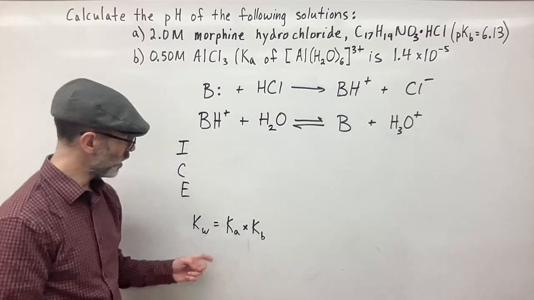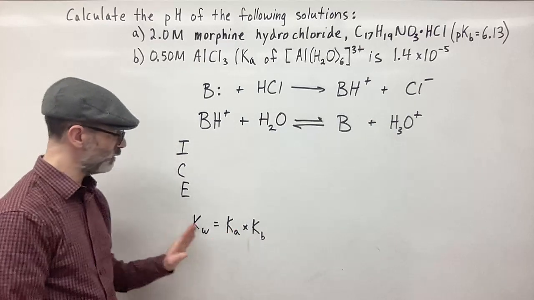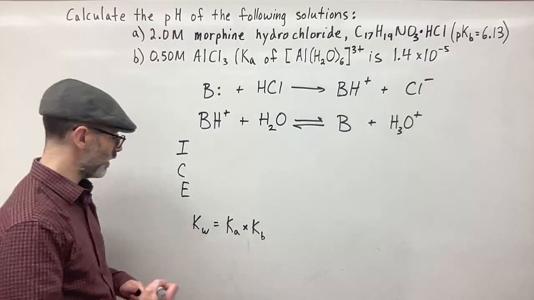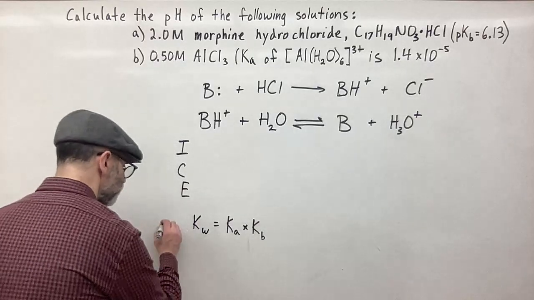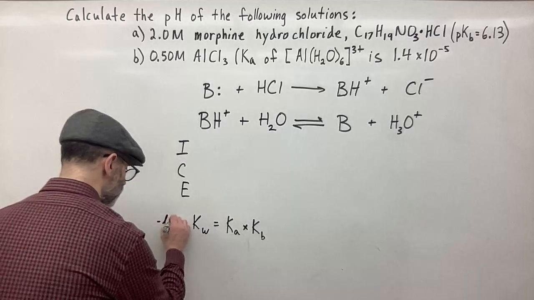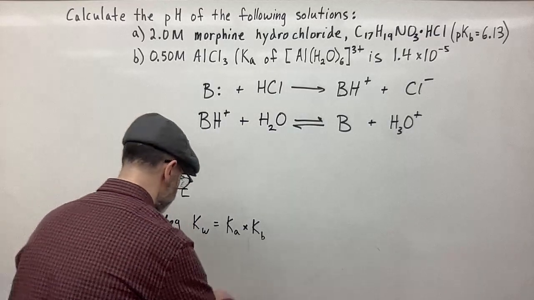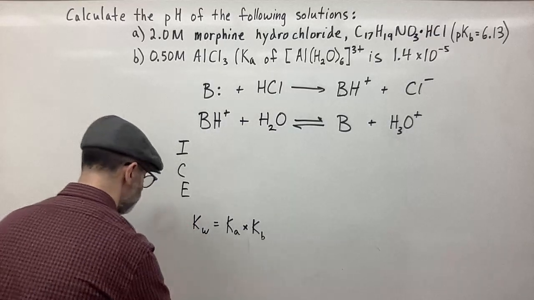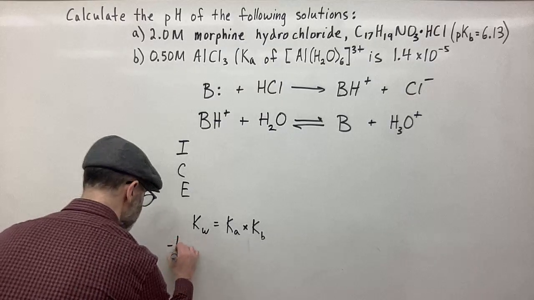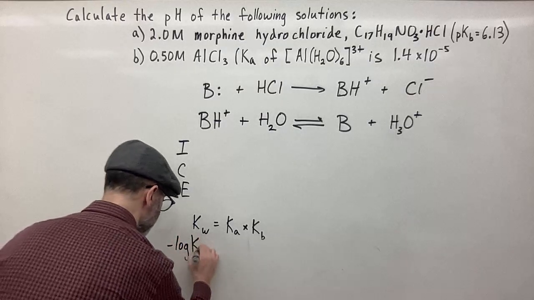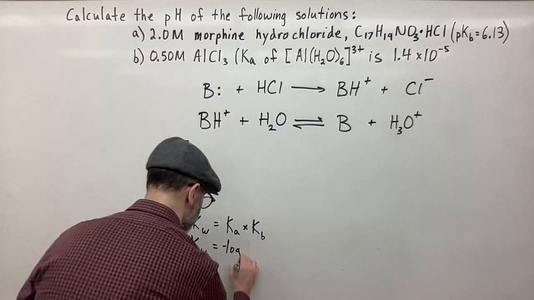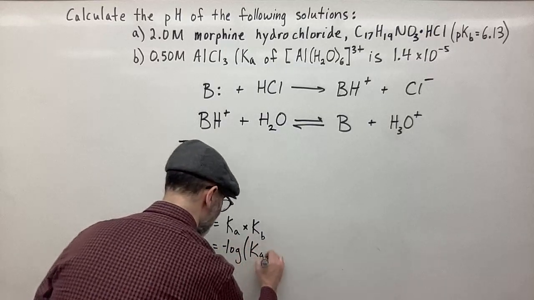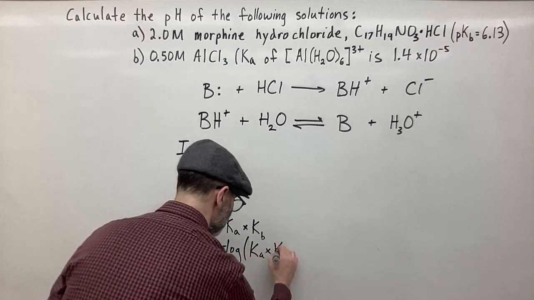And so here, if we take the negative log of each one, if we take the negative log of both sides, we get the negative log of Kw is equal to the negative log of Ka times Kb.